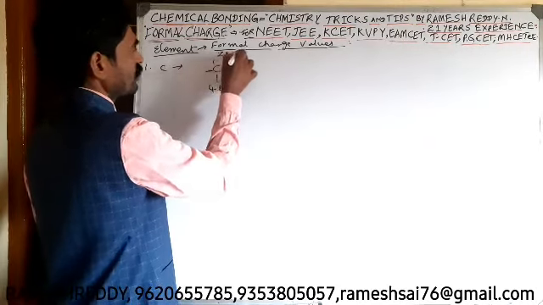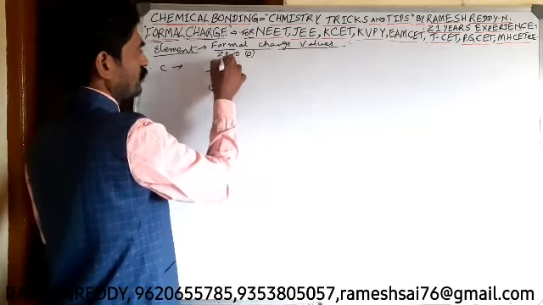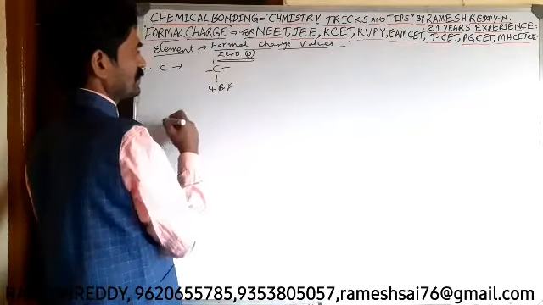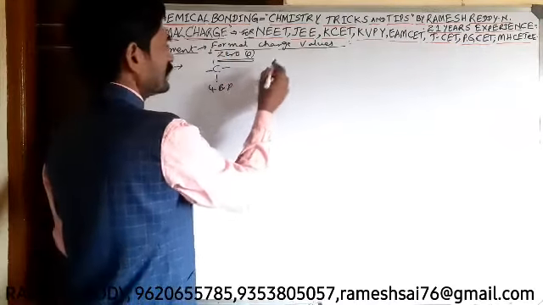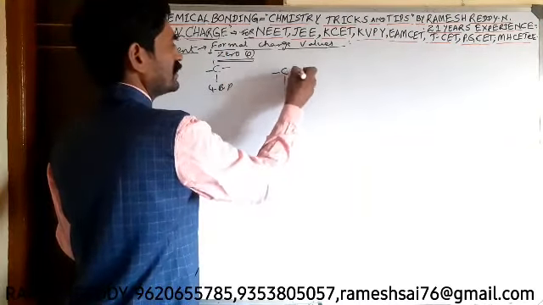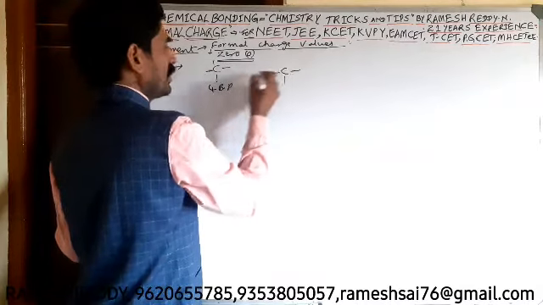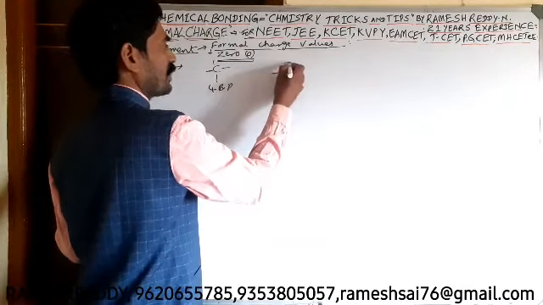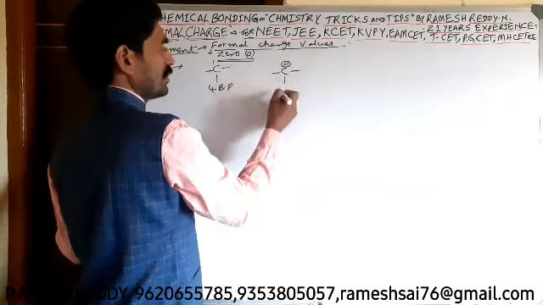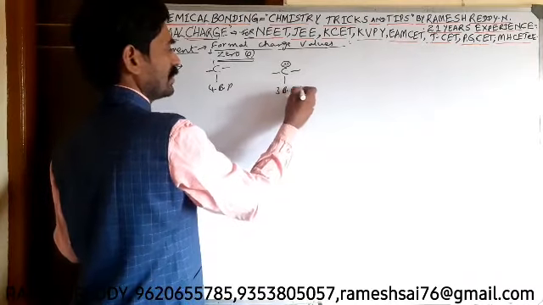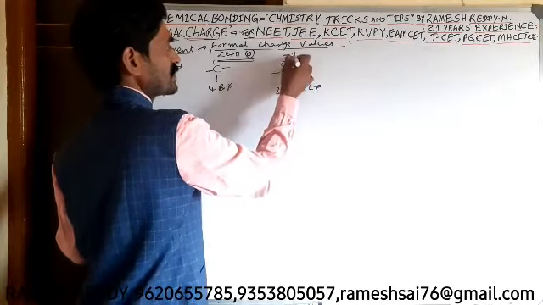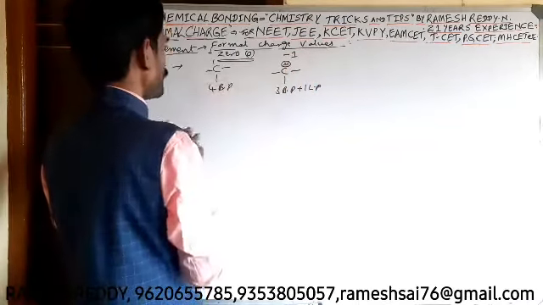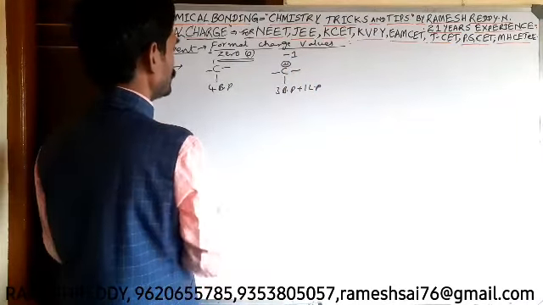Next, if the carbon has 3 bonds and the 4th bond is present as a lone pair, then we have 3 bond pairs and 1 lone pair, and the formal charge of carbon is minus 1.